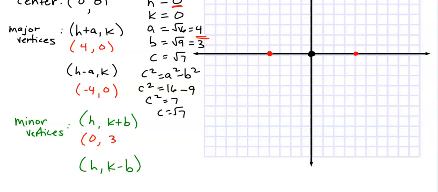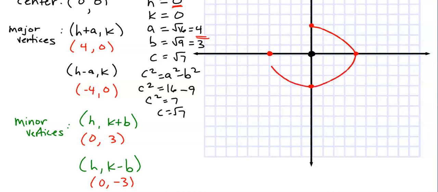So 0 plus 3 is 3. And then over here we have 0, and then 0 minus 3 is negative 3. So 0, 3, and 0, negative 3. And that right there is actually enough to graph it.